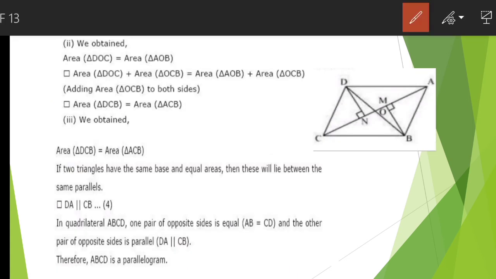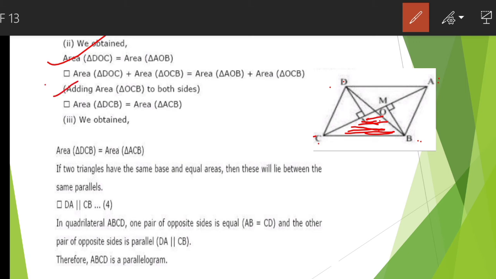Now the second part: we have to show that area of DCB and area of ACB are equal. Since we already have DOC and AOB as equal, we'll add the common part COB to both sides.